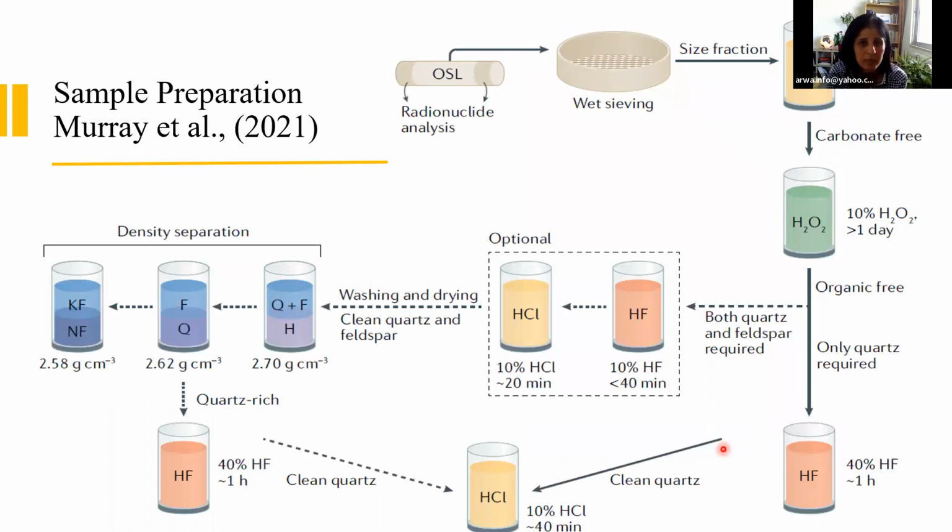In the lab, the sample preparation process aims to extract feldspar and quartz grains for the OSL measurement. This diagram is from Mori et al. 2021, illustrating how the sample is processed in the lab.